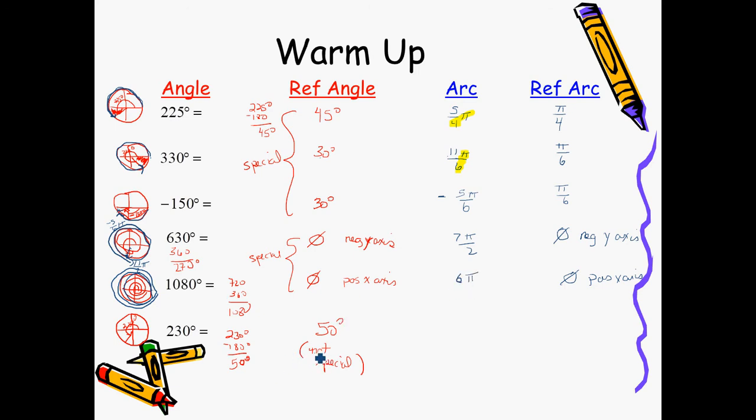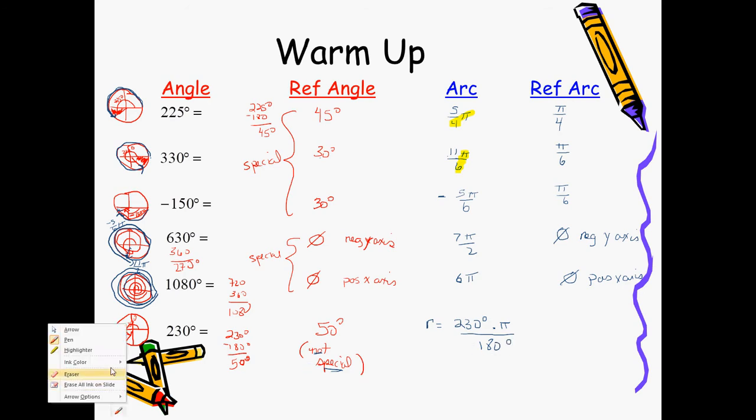Since this one is not special, I'm going to use my formula. If I want radians, radians is equal to the degrees I have times pi over 180 degrees.